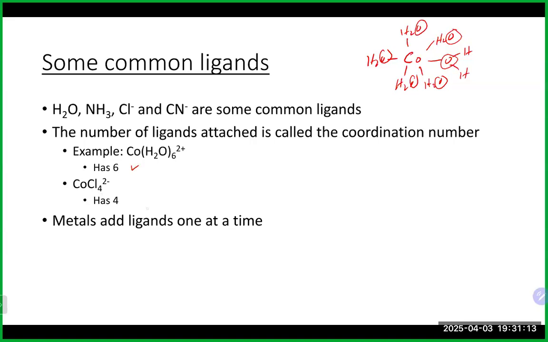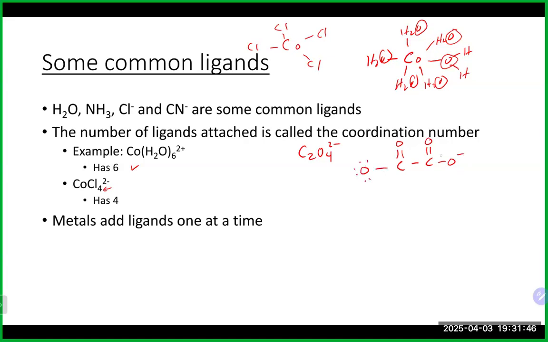The cobalt here would have a coordination number of 4, and it is basically the same idea. It's attached to 4 chlorides. Now, you might think that the coordination number is always just the number on the bottom, and the answer is no, it's not. For example, you could have oxalate, which is also a good Lewis base. If you draw oxalate, it looks something like this, if I remember correctly.